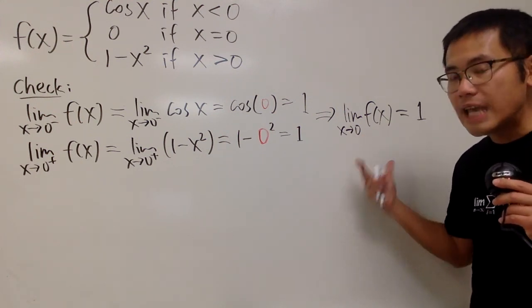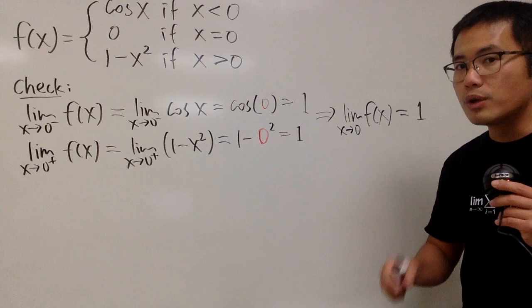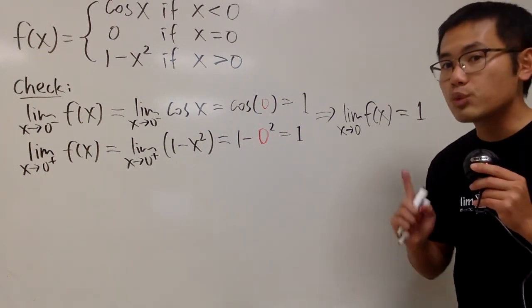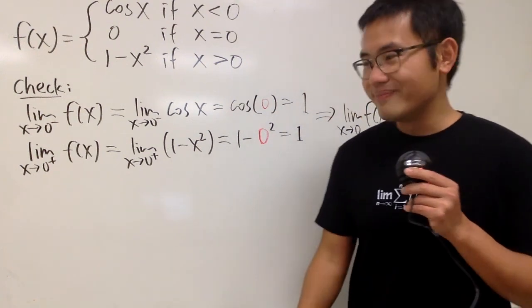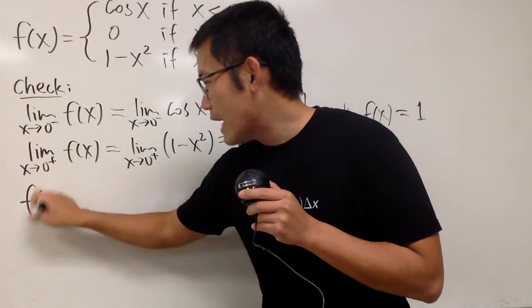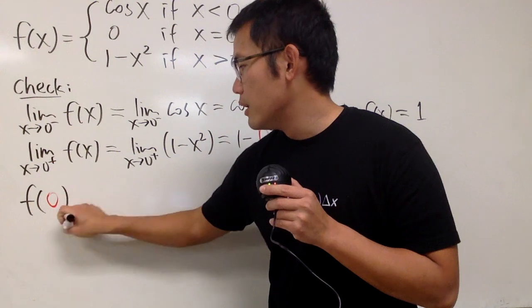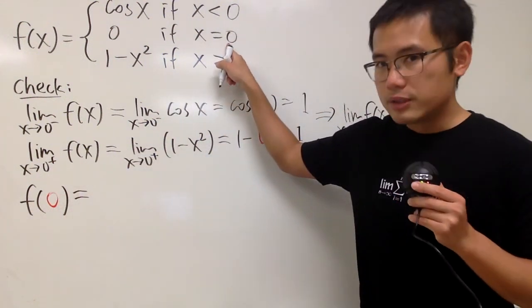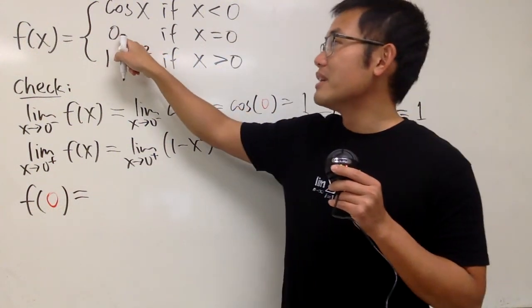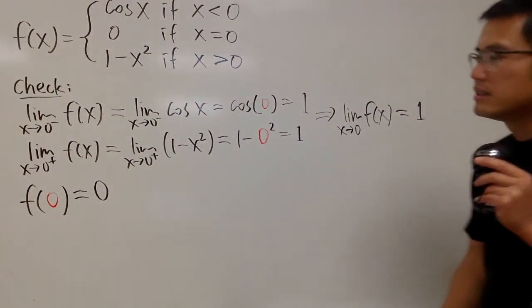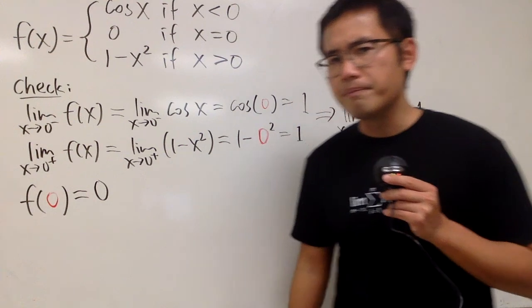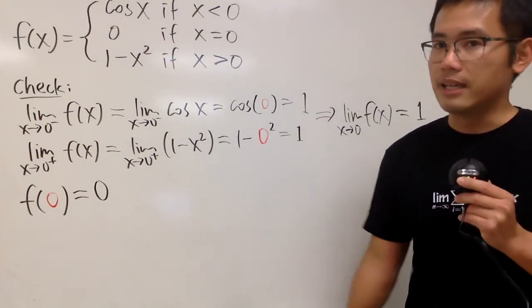However, this does not tell us the function is continuous when x is at 0, because we also have to check the value of the function when x is exactly equal to 0. So notice that when we have f of 0, when x is exactly equal to 0, by definition, we get 0. Ooh, the problem is that the limit is not the same as the value of the function. So it's still not continuous.